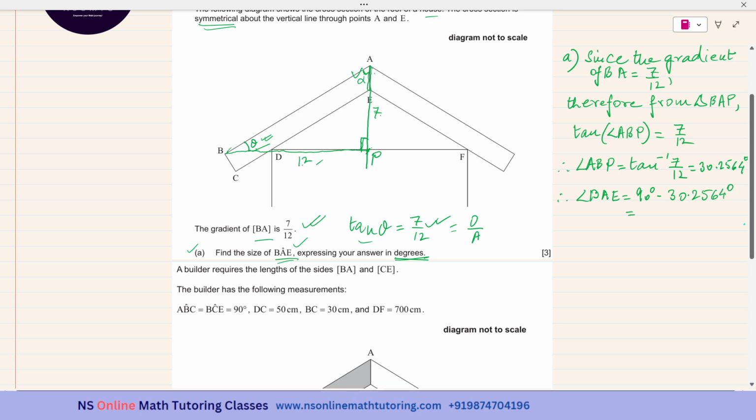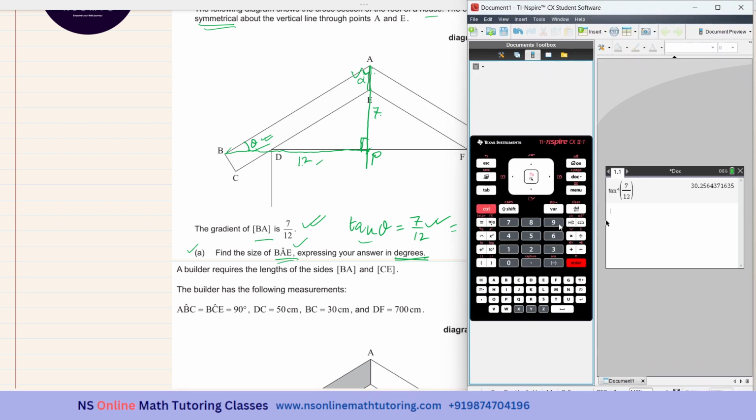On the calculator, 90 minus the answer, enter, 59.7.